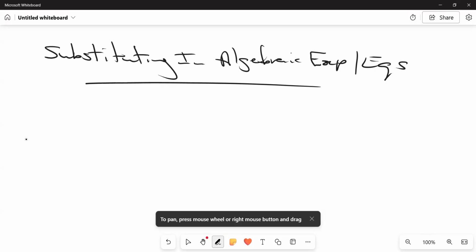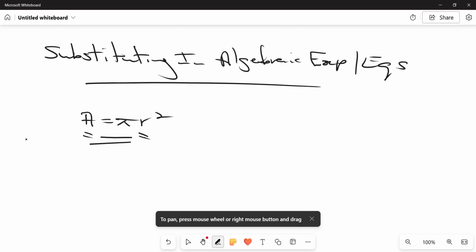Let's say we use the formula area equals pi r squared, and I mentioned that this equation actually relates the radius of a circle to its area, right?